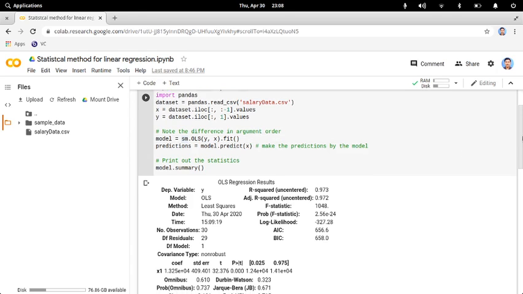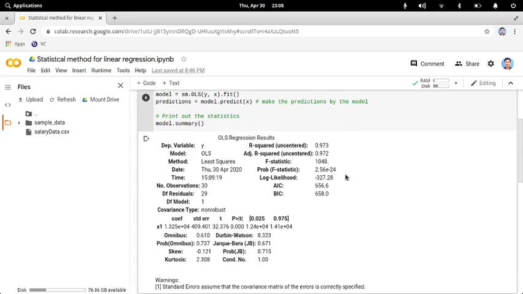Once you create the model, you see that the model summary can be seen. Model is OLS, method is least squares, number of observations, total data, and so many things.